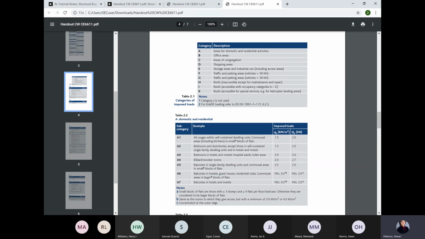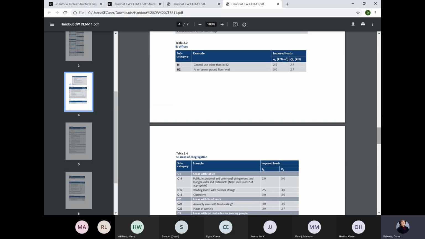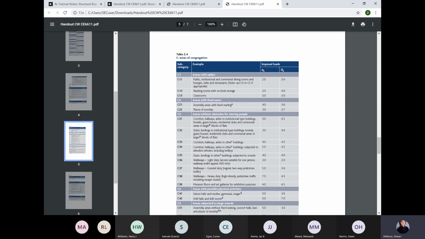Sorry, it's somewhere around here, but no, we're not looking for balconies, bedrooms. Oh, hospital wards. Okay, there we go. So category 8.3 perhaps will work for you. So you can take your area variable load as 2. And with that, you can calculate your loads.